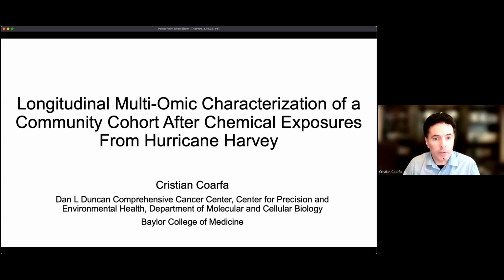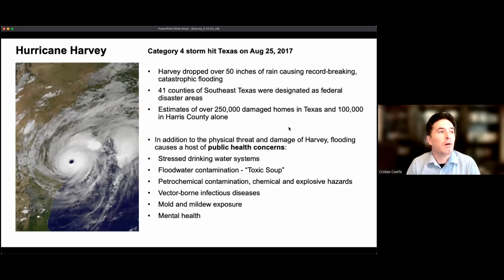Without further ado, in our case, what prompted this was a natural disaster. Hurricane Harvey hit Houston in August 2017, dropped over 50 inches of rain, causing catastrophic flooding. Among others, it flooded over 100,000 homes in Harris County alone. This is the county that encompasses Houston.